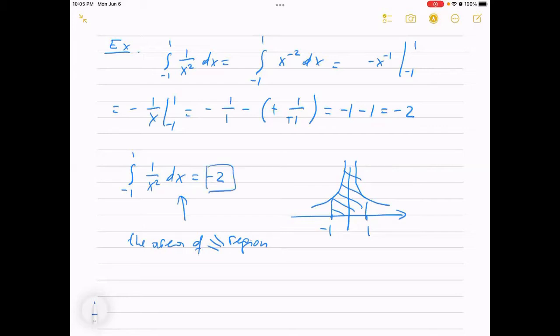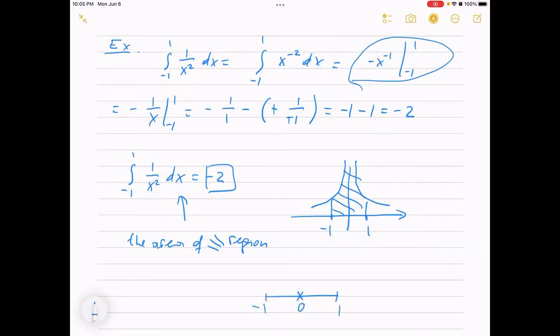So what's the problem? The problem is we are using the fundamental theorem of calculus here. And the problem with using the fundamental theorem of calculus here is that on the interval from -1 to 1, we have a discontinuity at 0.